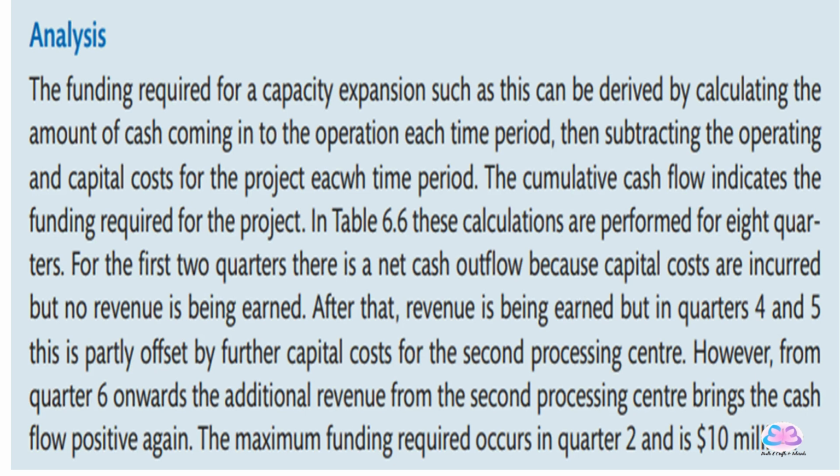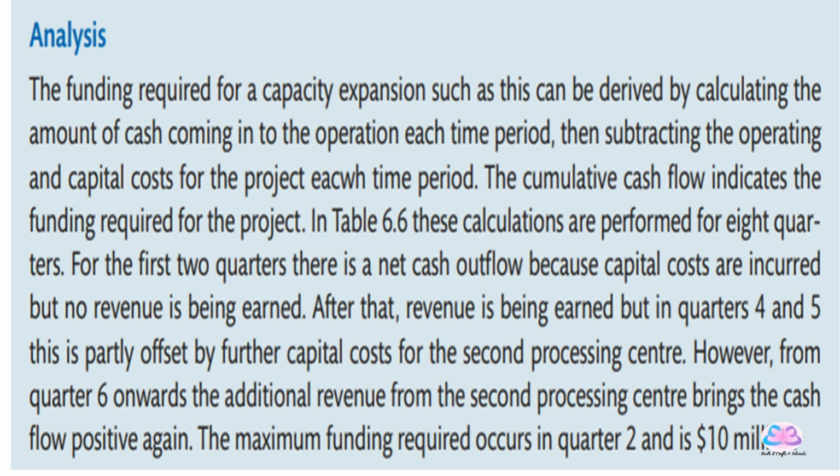For the analysis, the funding required for a capacity expansion such as this can be derived by calculating the amount of cash coming into the operation each time period, then subtracting the operating and capital cost for the project each time period. The cumulative cash flow indicates the funding required for the project.